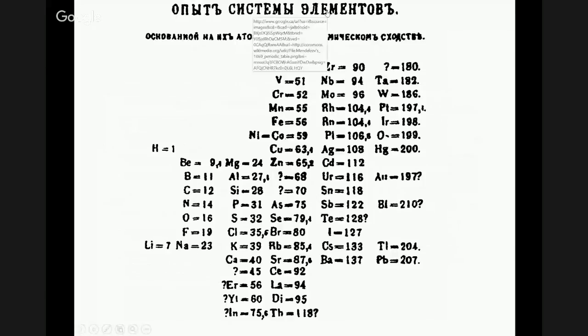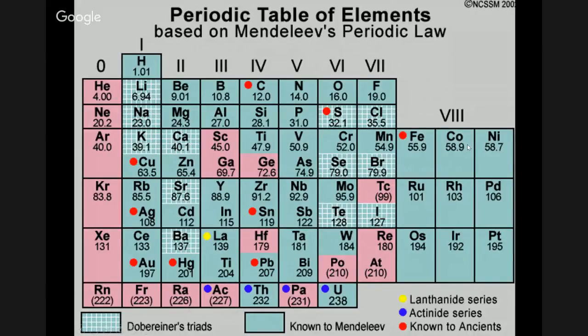Right? This, by the way, is Mendeleev's periodic table. And you can see it's not quite exactly the same as ours. And you can also see it's full of some question marks and some gaps. It's based on incomplete information. And if we put Mendeleev's periodic table into a slightly more modern look, we see it would look like this.